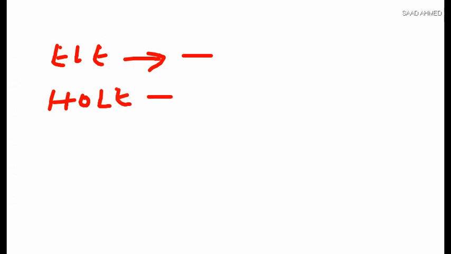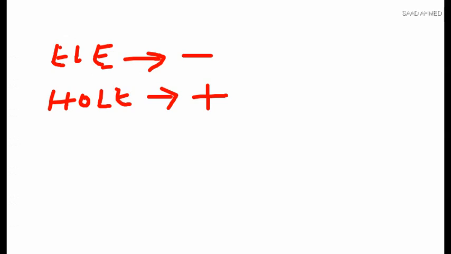We need to understand two things here: electrons are represented by negative, and there is also one thing which is called a hole, and it is a positive charge. Remember, we have discussed earlier about the charge carriers. So these are the charge carriers. Charge carriers can be holes, can be electrons.